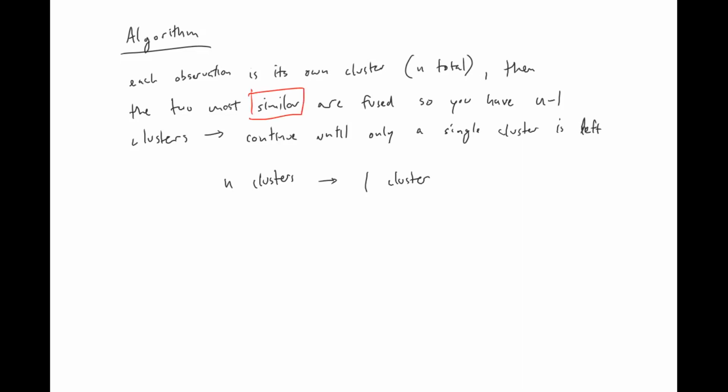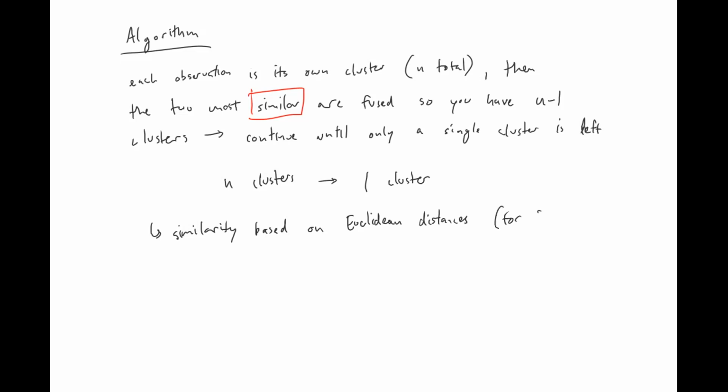What does similar mean? Similarity is based on Euclidean distances, right? And so this means that we have to do normalization if the scales of the data are different.